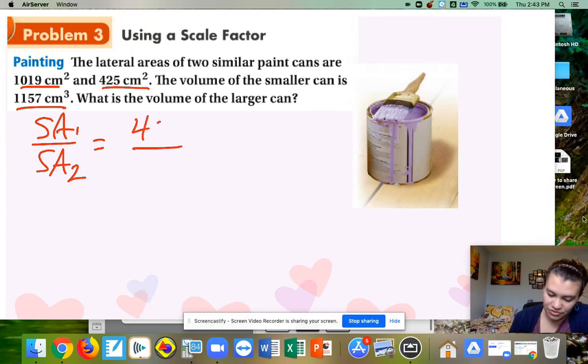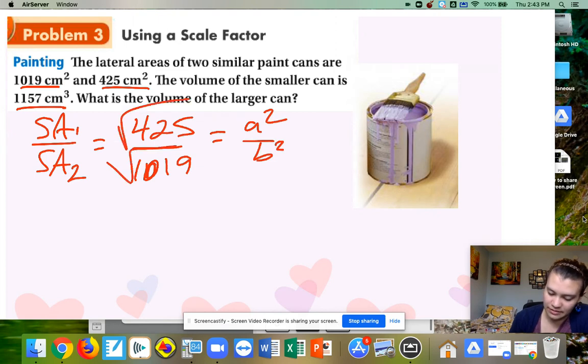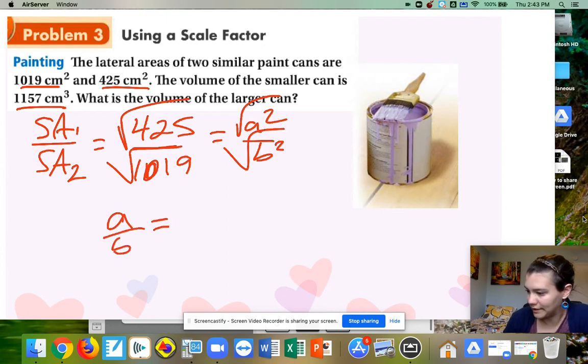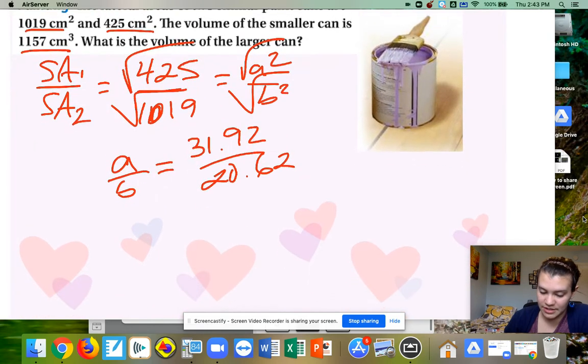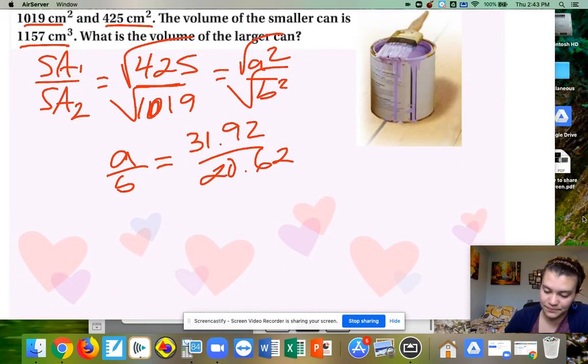So 425 on top and 1019 on bottom has to equal a squared over b squared. So you can square root these to get your a over b. So a over b will end up being 31.92 over 20.62.